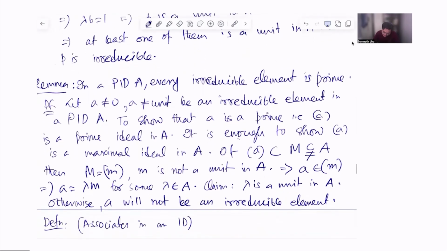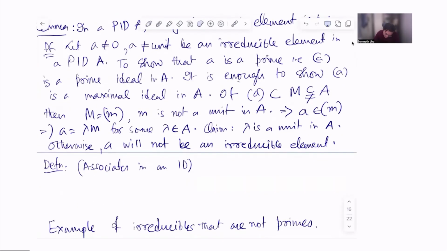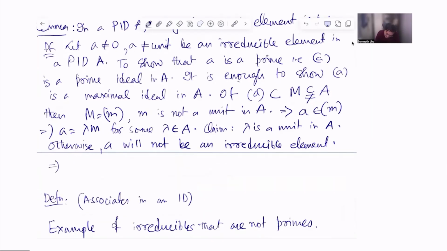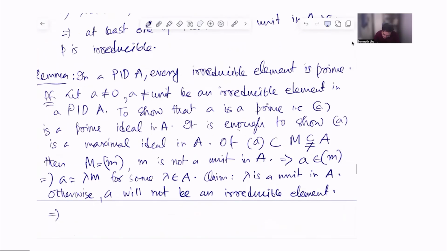So this implies that m equals lambda inverse A. So this implies that m belongs to the ideal generated by A, and this implies that the ideal generated by A is equal to M. So if you took any ideal, there is no ideal between A and the whole ring.